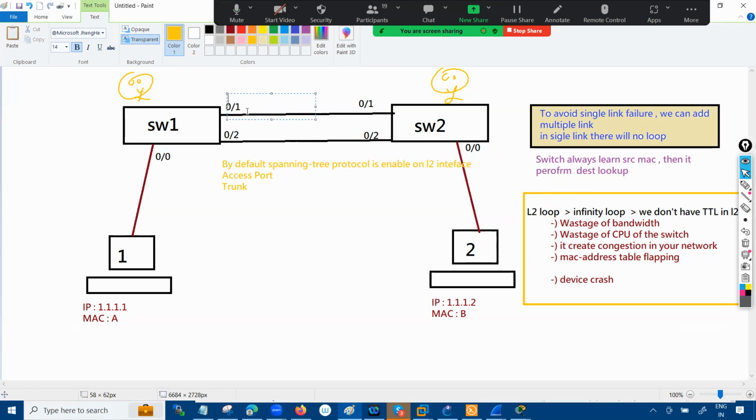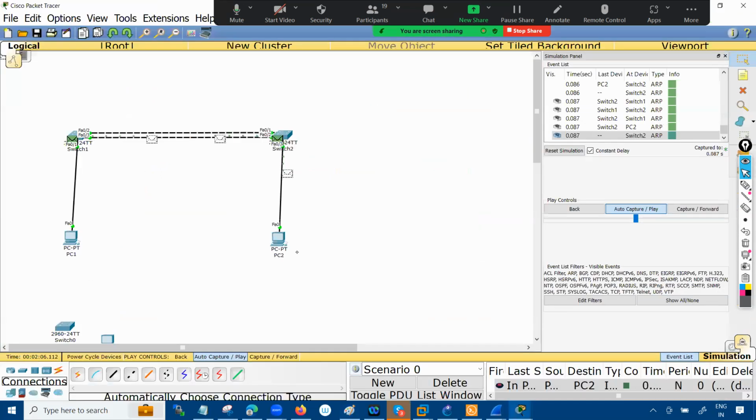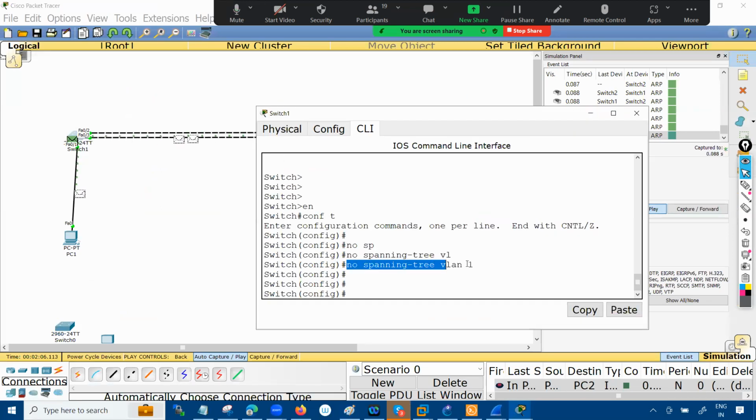If you see a loop over here right now, the reason is that I have manually disabled spanning tree. Yes, you do have the ability to disable it, but don't do that in a production environment. Don't even try it. For a learning perspective you can do it on Cisco Packet Tracer, but don't do that on a real network.